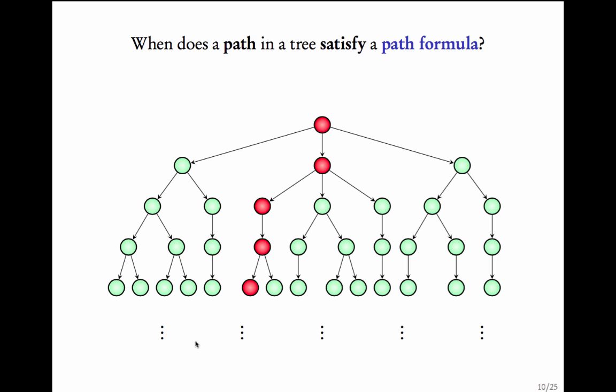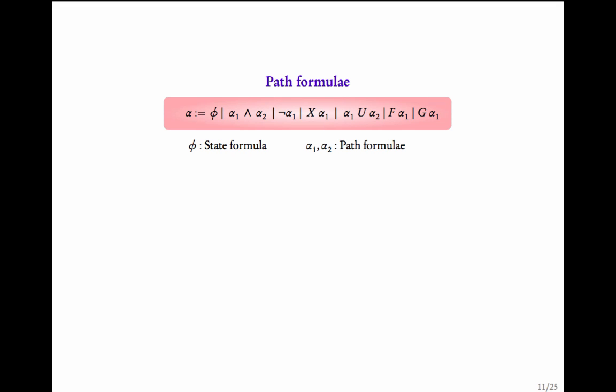This path will satisfy it if this state satisfies P1 and P3. The state formula could also be AX something, and the path starting from this will satisfy the state formula if the initial state satisfies the state formula.